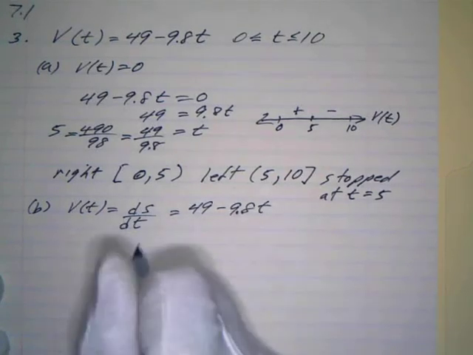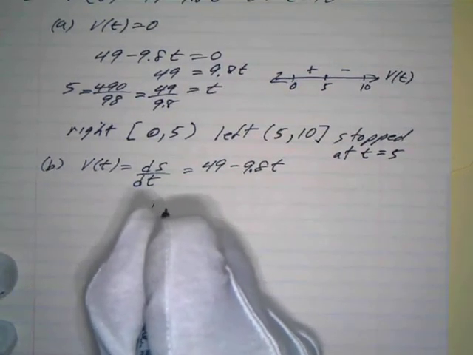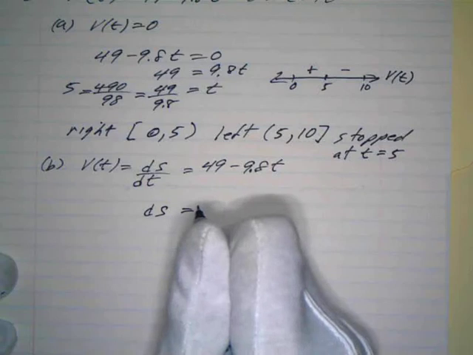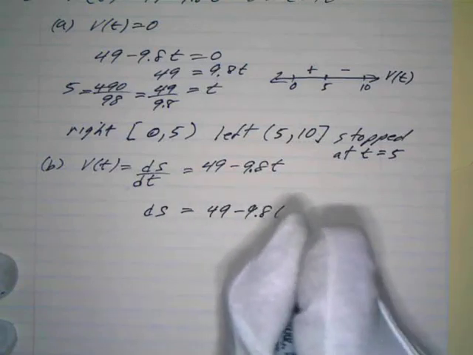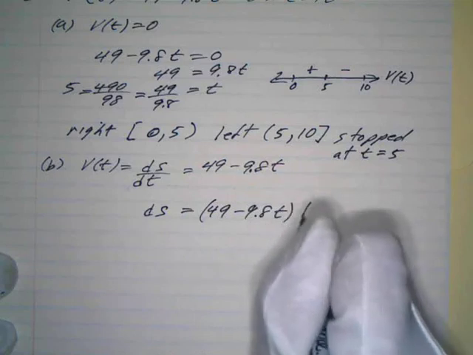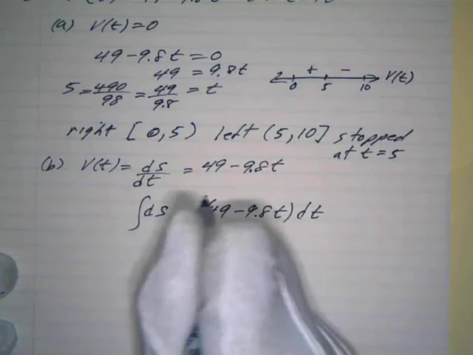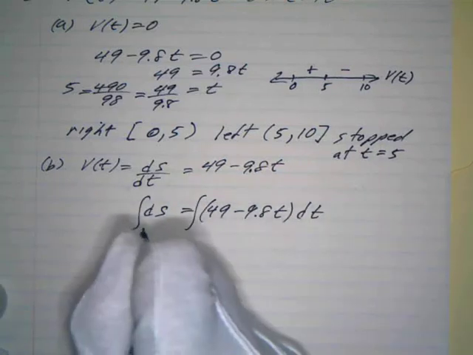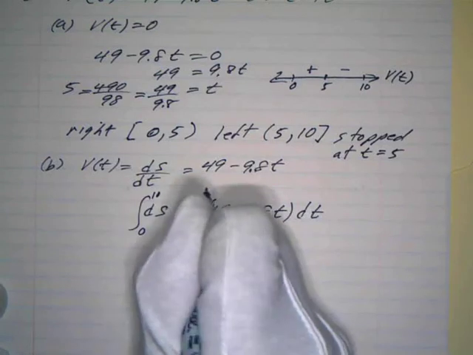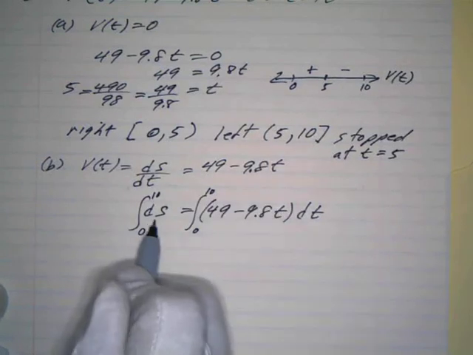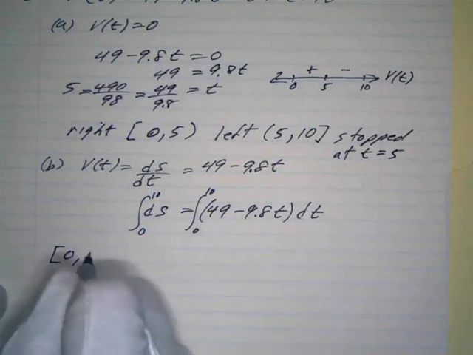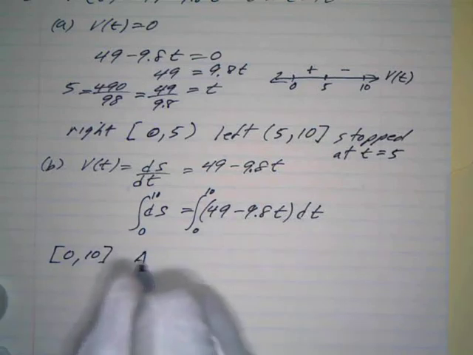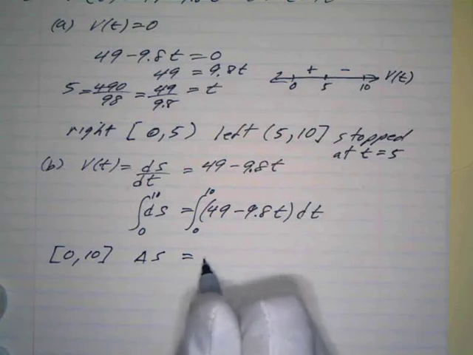So I can separate the variables, so I get ds equals 49 minus 9.8t dt, and then I can take the integral of both sides. And we're going to go from 0 to 10. Now this is going to give me my displacement. So that's going to be on 0 to 10. That'll be my delta S, or my displacement, and that's going to be equal to this integral.